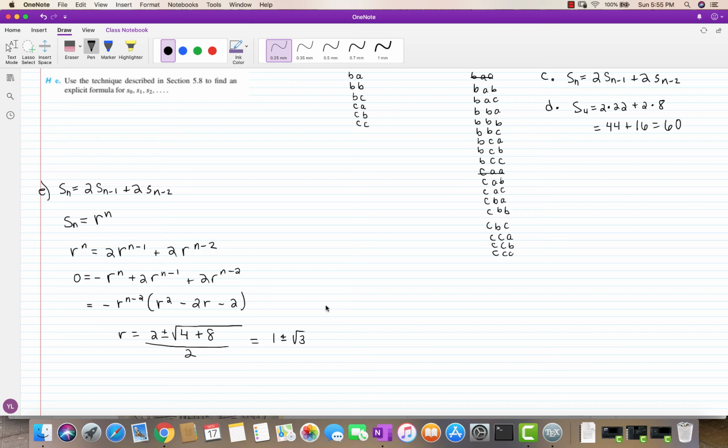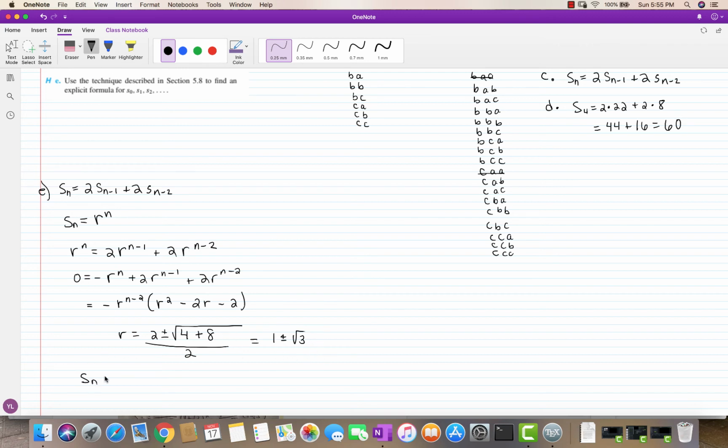Okay, so now it's not always the case that even though I started with this assumption here that Sn perfectly ends up being one of these roots to the nth power. It turns out it could be any combination of either of these roots to the nth power in the following sense.